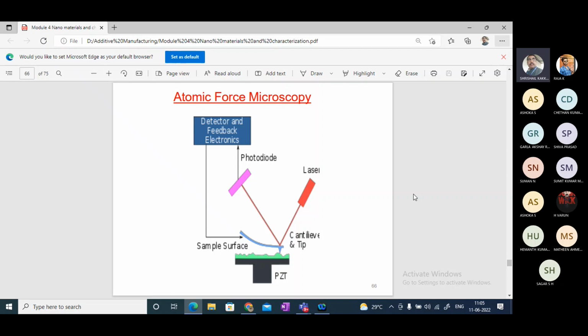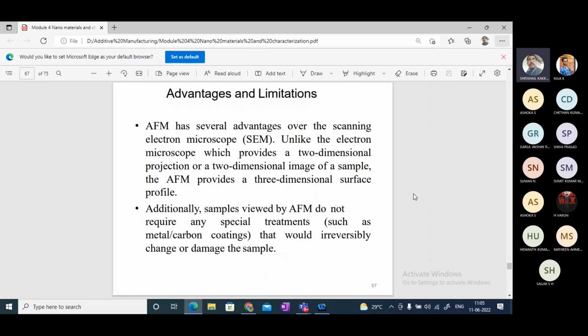The photodiode and the sample information which you have collected, the detector and feedback electronics, these two will be giving both readings, and we can find out if any errors are incurred in these systems. So far, whatever we have studied, the electron beam microscope and this atomic force microscopy, can give you the information about the third dimension also.